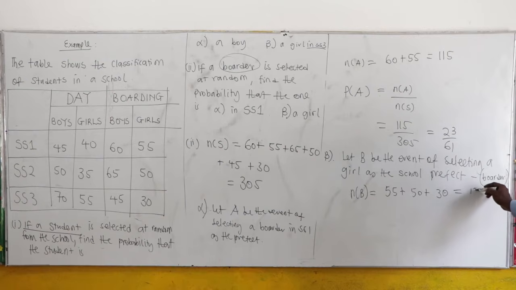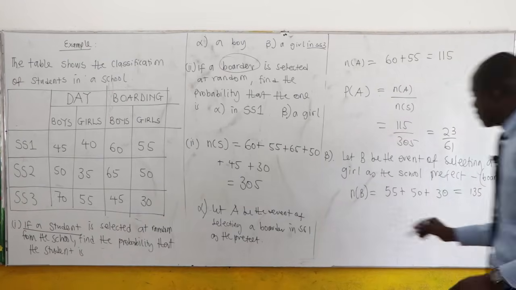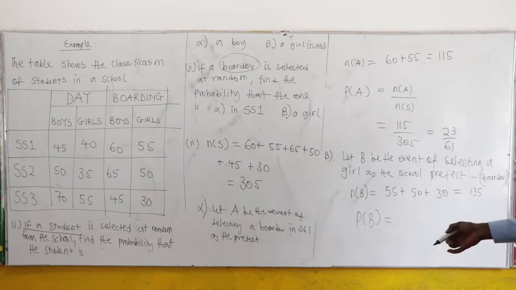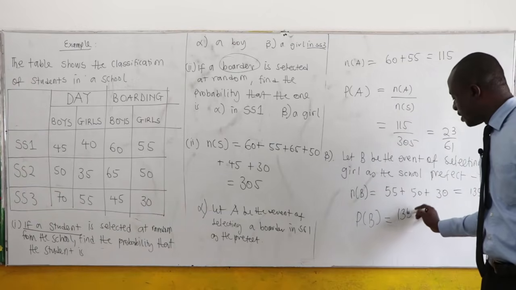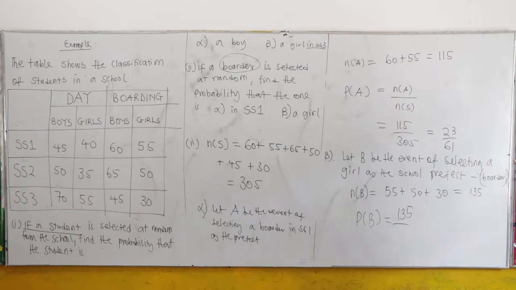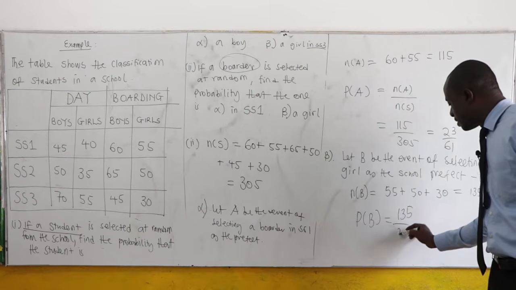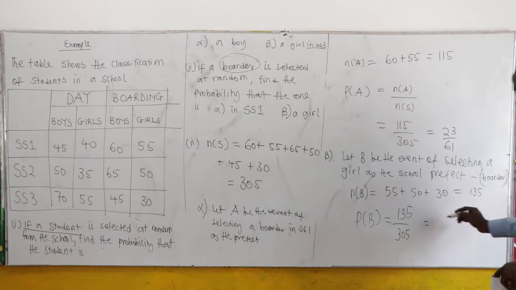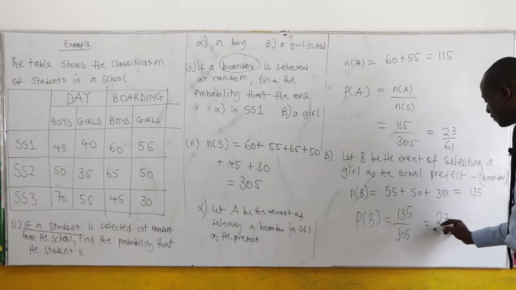So that is 135. So probability of B, number of events over number of sample space. The event is 135 all over the sample space. What is the sample space? The sample space is 305. And when we cancel out, this is giving us 27 all over 61.